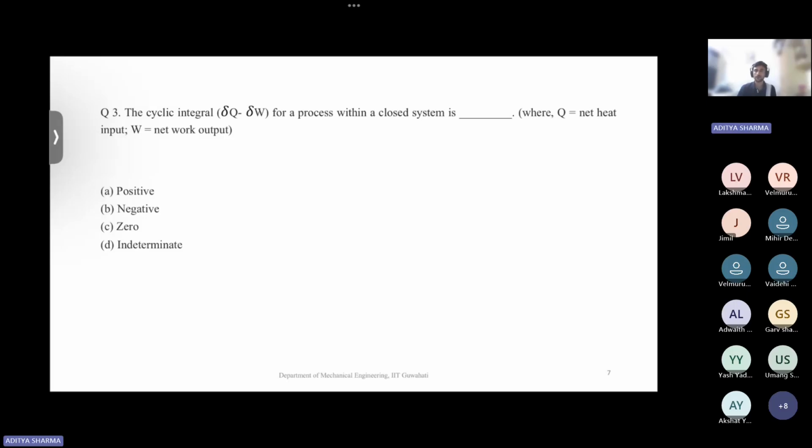So those who have answered 0, why is this option C, 0? Somebody would like to discuss? From where is this answer of yours coming from? Yes. So this is from your first law of thermodynamics.